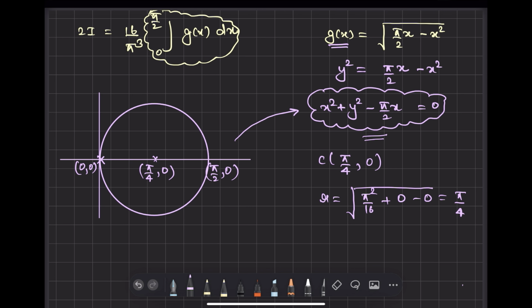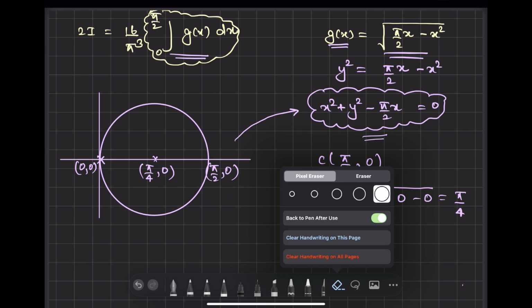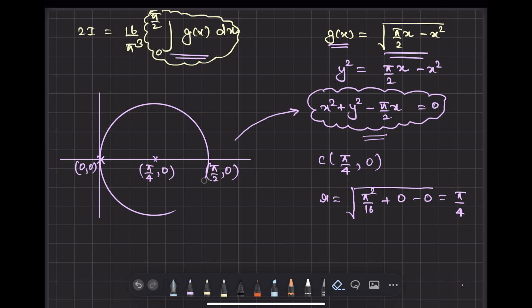Now try to understand. You have to find root. Root means what? Only positive things. Means this negative part has vanished. Okay, you are left with this graph only, correct? And it goes from 0 to pi by 2, means this area you have to calculate.